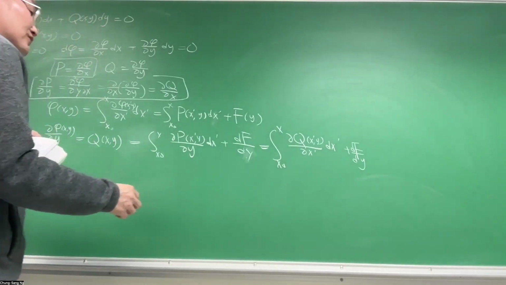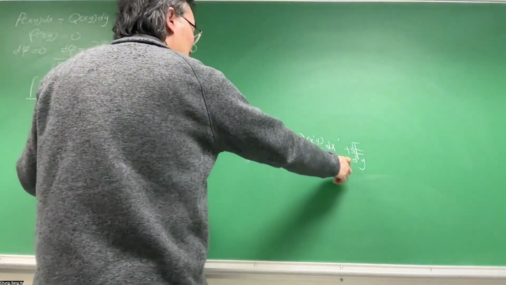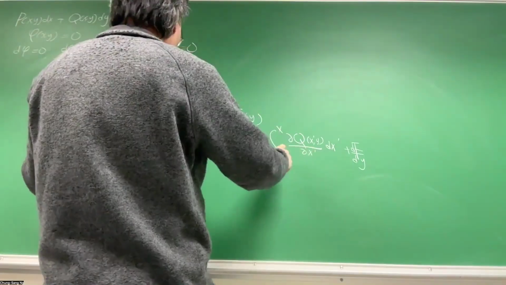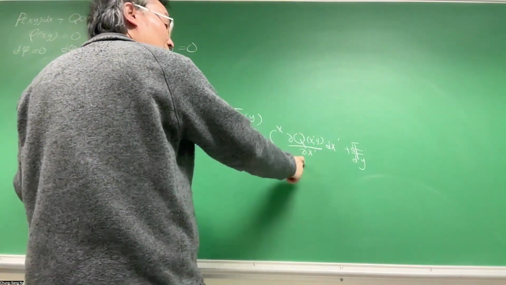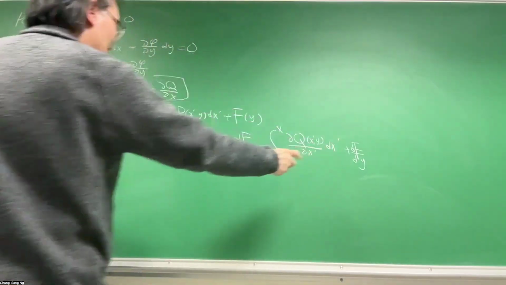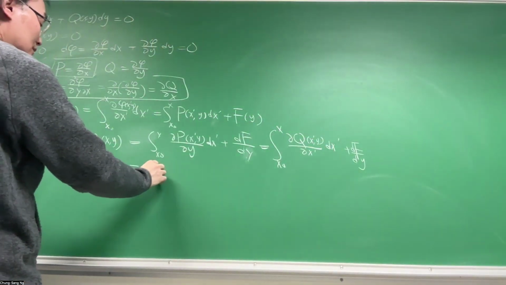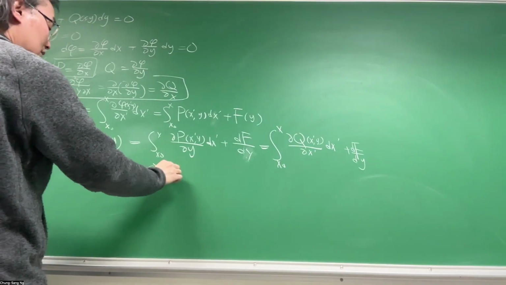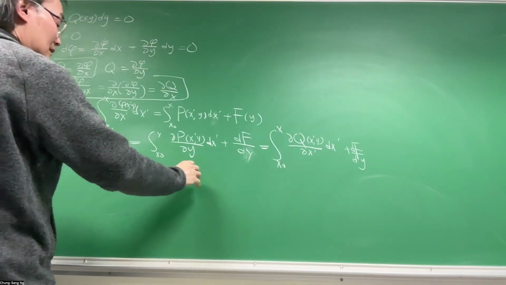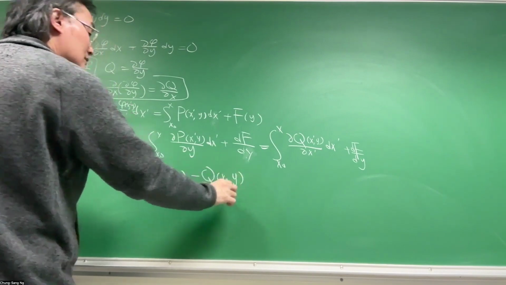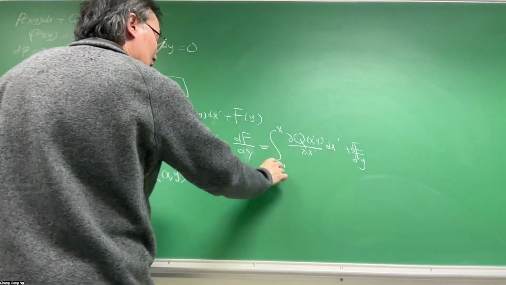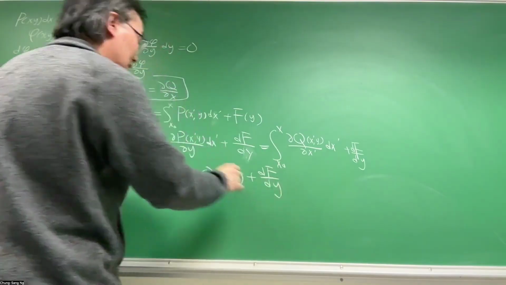Then you solve for y, just like the usual case, but first you can integrate that out, because this is d/dx, and you integrate over x. So you get Q(x, y) minus Q(x, y) plus df/dy.